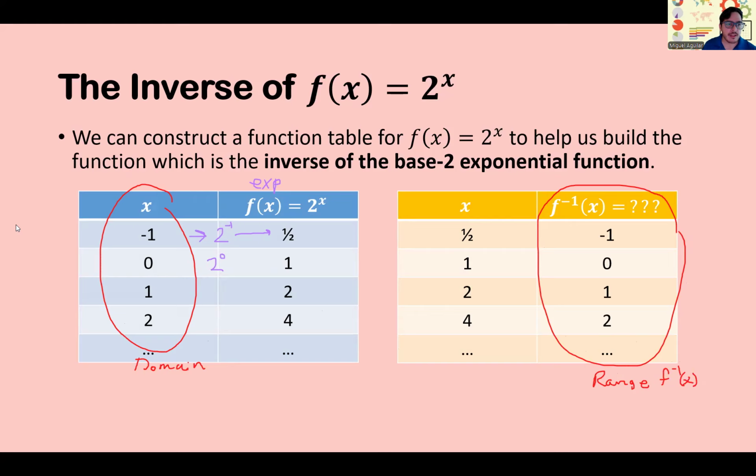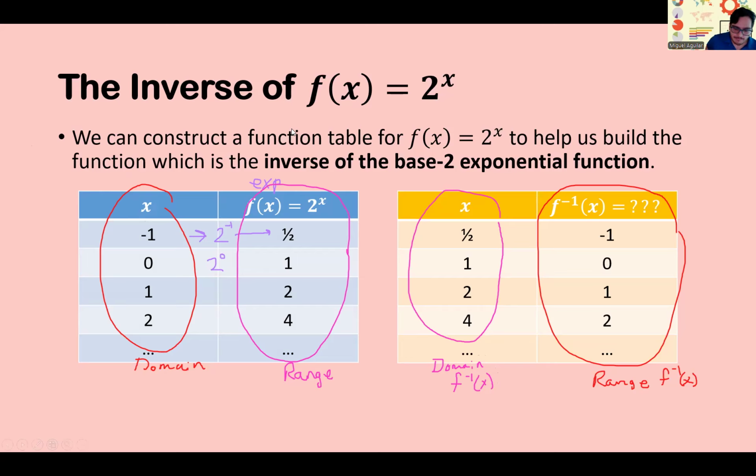Okay. Then all we did was take these values that were originally the range of our exponential function, and those got swapped, and so they became the domain of the inverse. Are you guys okay with that?